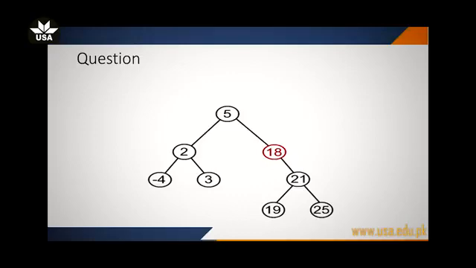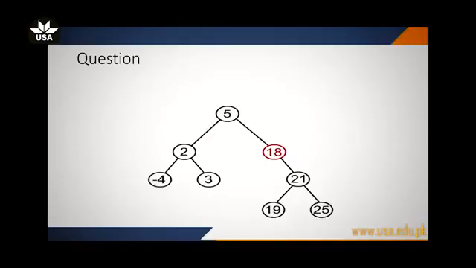For example, if you have to delete 5 in this current tree, what will be the replacement of 5? As we have observed in the previous slide, the value to replace 5 will be in the right subtree, and it will be the minimum value. To find the minimum value in the right subtree, you have to traverse right and then traverse left till you find null.